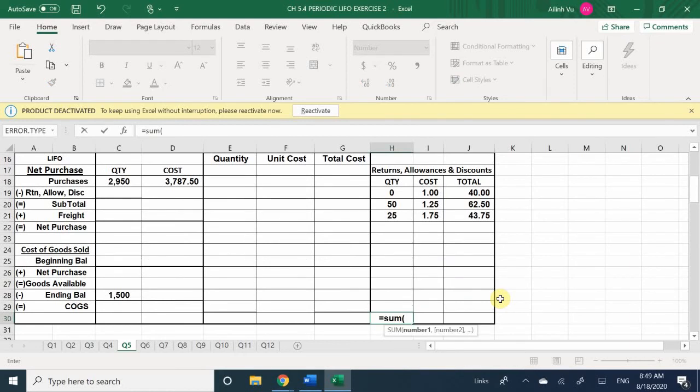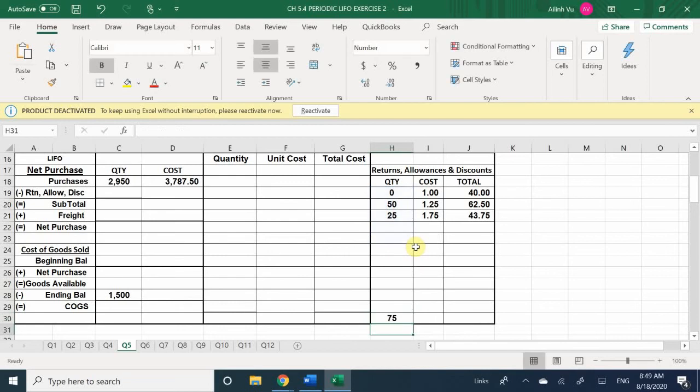So what is my total number of returns and allowances? 75. And what is the total cost for that? 146.25. Oops, let me extend that. 146.25.